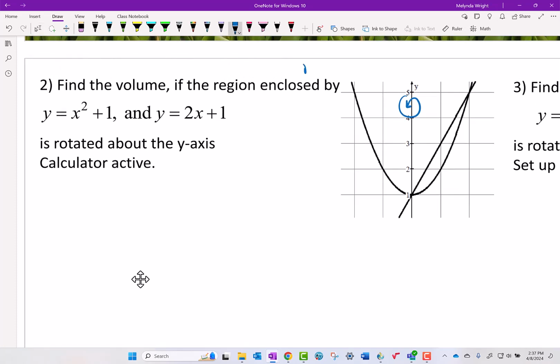Okay, so you should make a note to yourself. This is a note. Vertical axis, I need x equals y's, not y equals x's.